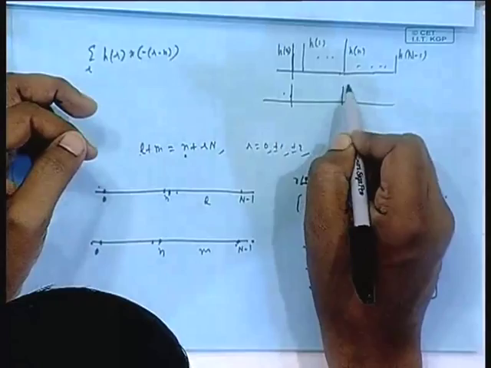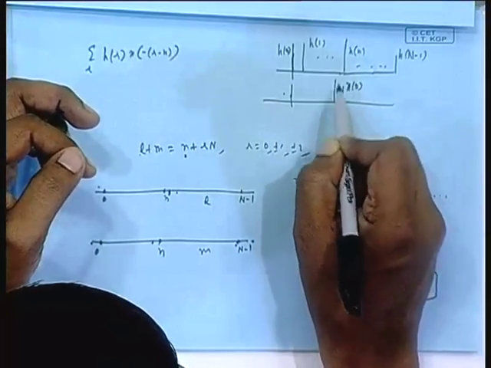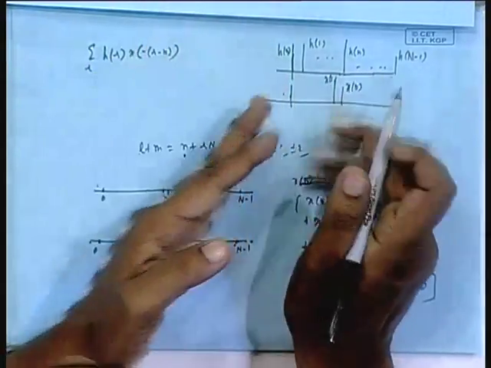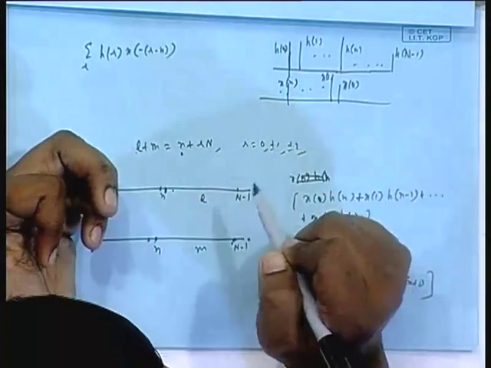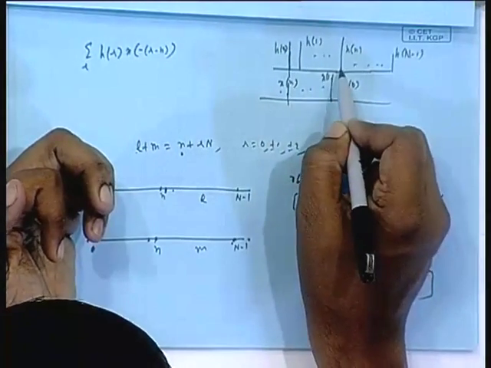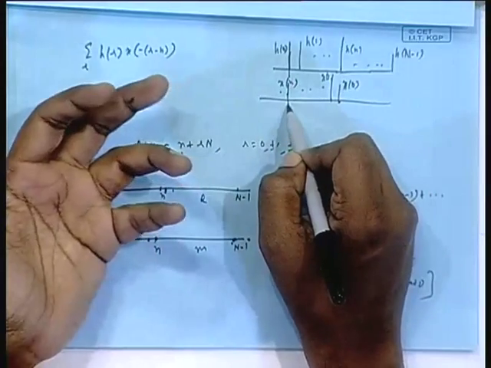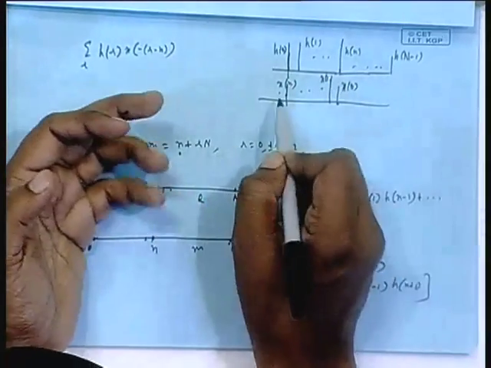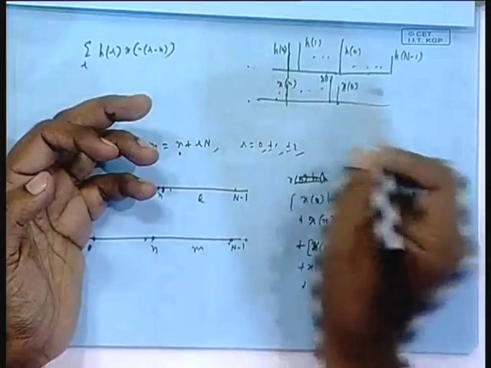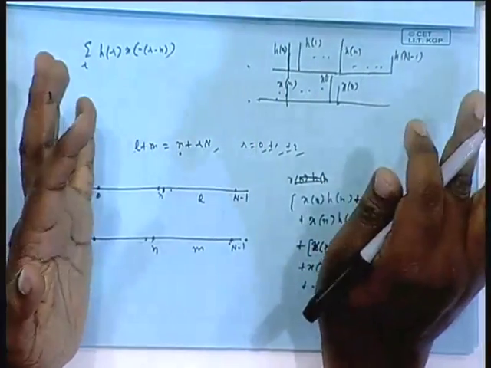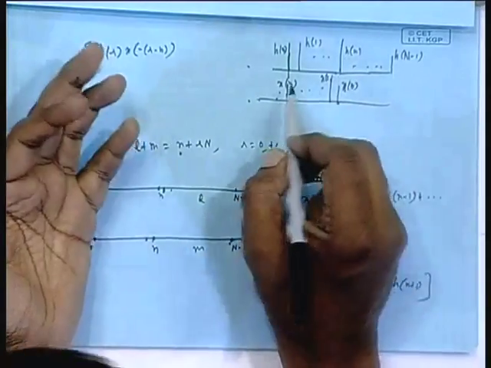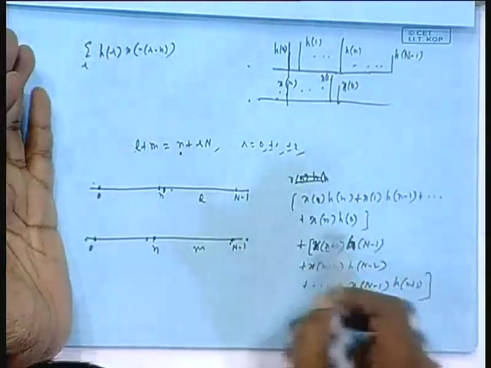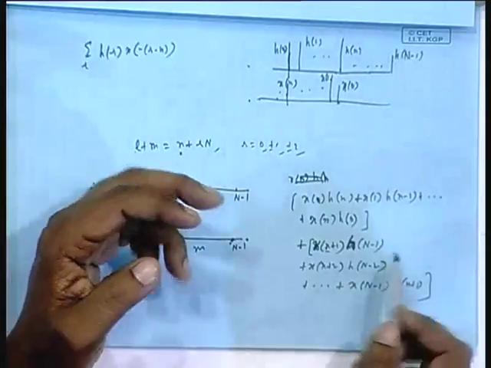So, x 0 comes below this, x 1 comes here, just shift it, dot dot dot x n comes here. If you multiply, other terms here get multiplied by 0, so forget them, only this part you multiply, you get back x 0 h n. You understand? These are linear convolution, but that is what I wanted, but I am getting the extra term.